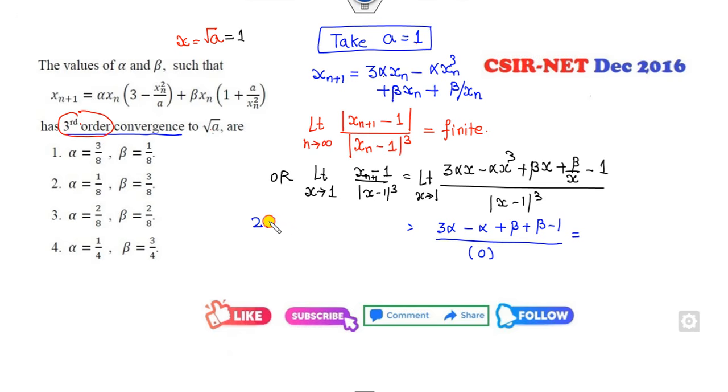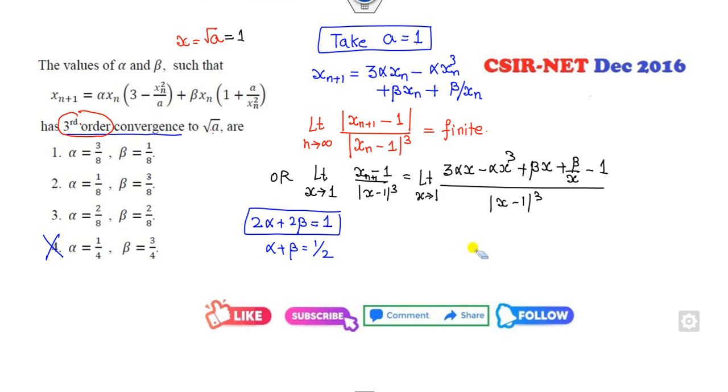That means 2 alpha plus 2 beta must be 1, so alpha plus beta should be half. Now look at the options. So the last option will be cancelled out.